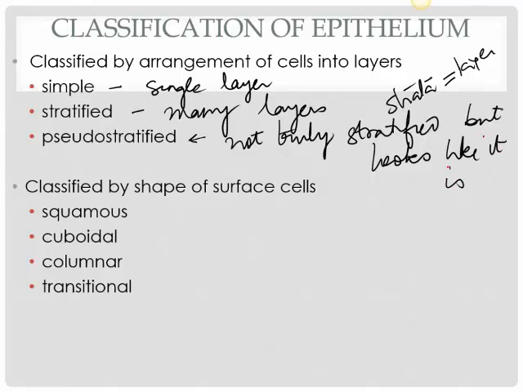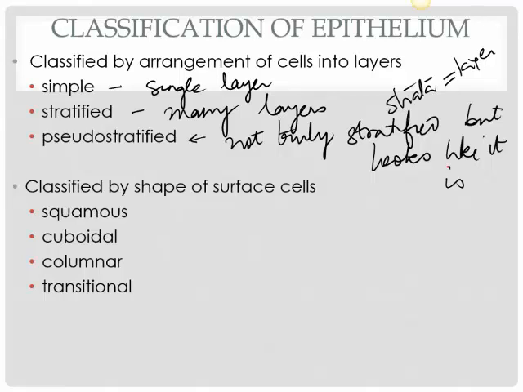When we describe it, you'll understand. Then, based on the shape of the surface cells: in simple epithelium, it's a single layer, so it's based on the shape of that layer. But if it is many layered, whatever the shape of the top layer of cells is, based on that we give the epithelium its name.